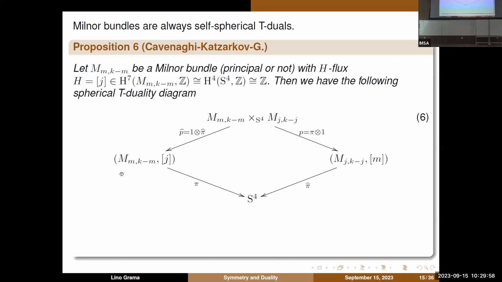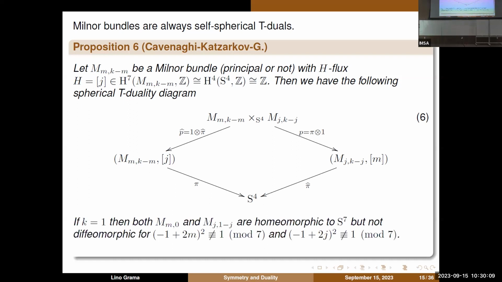In other words, we can produce some Milnor bundles preserved by spherical T-duality. And as a consequence, we can produce exoticity by duality. We can produce exoticity of the Milnor sphere by this language of spherical T-duality.